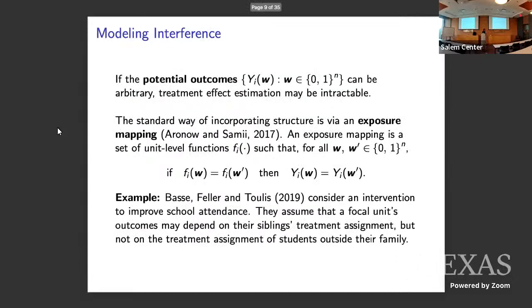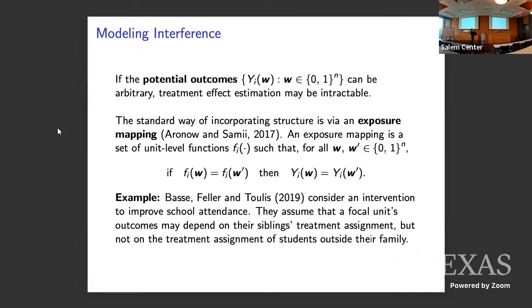Okay, so these are our questions, and now we need to impose some structure on the problem too. The standard way to do so is using an exposure mapping. An exposure mapping, for the ith person, is some function that takes the full vector of treatments and summarizes it in a way that captures all the relevant information.